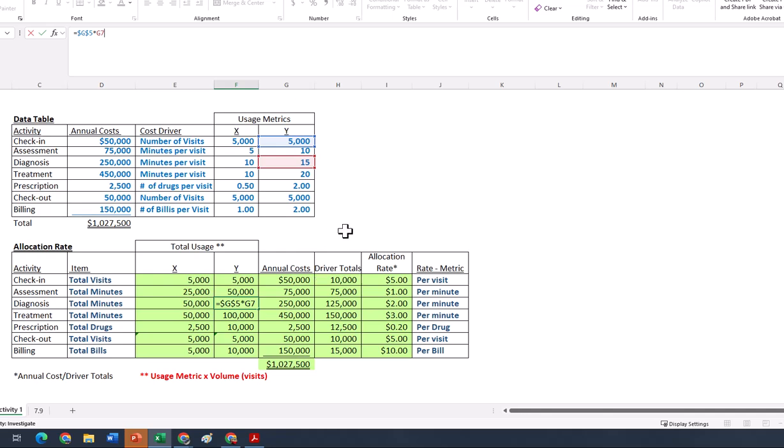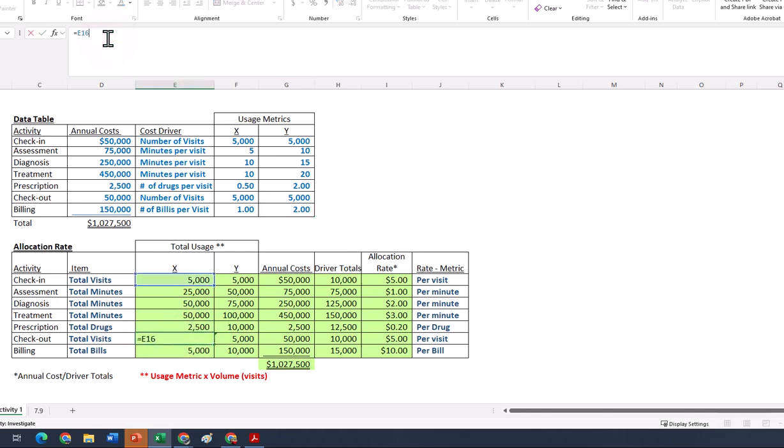Nothing is hard coded. You'll see how everything is linked. Okay, so again, the same with each of these minutes. We've got to multiply it by the number of visits. The drugs, the same thing. Total drugs would be the drugs per visit times the number of visits. Okay, you see we've linked, not embedded anything.